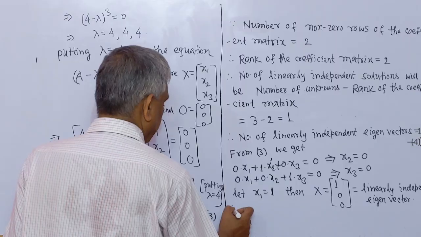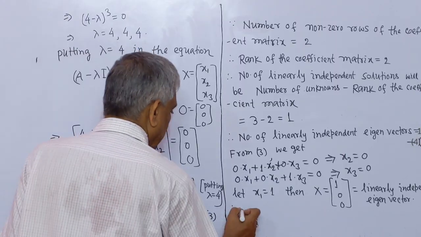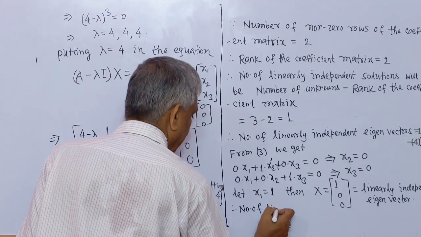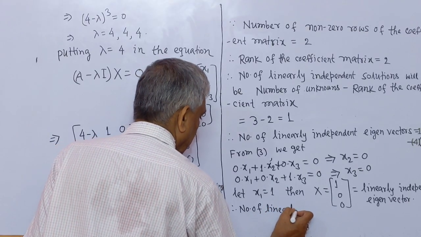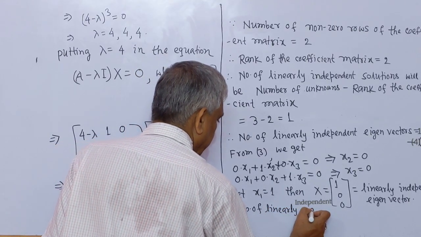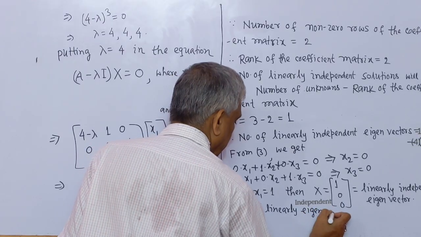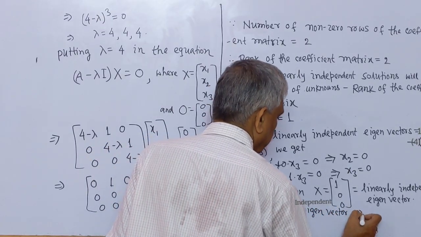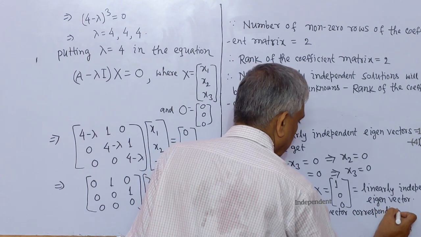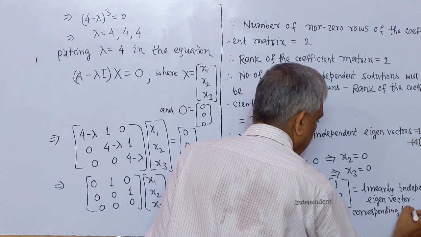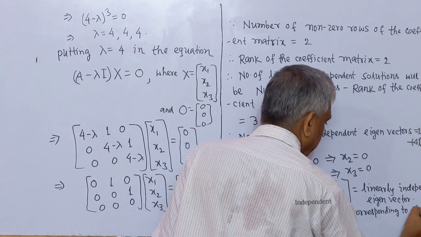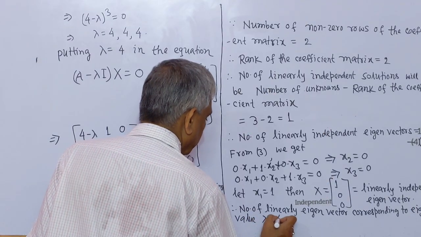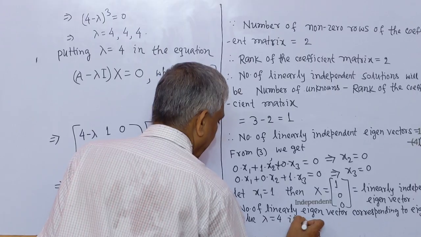Therefore, the number of linearly independent eigenvectors corresponding to eigenvalue lambda equals 4 is 1.